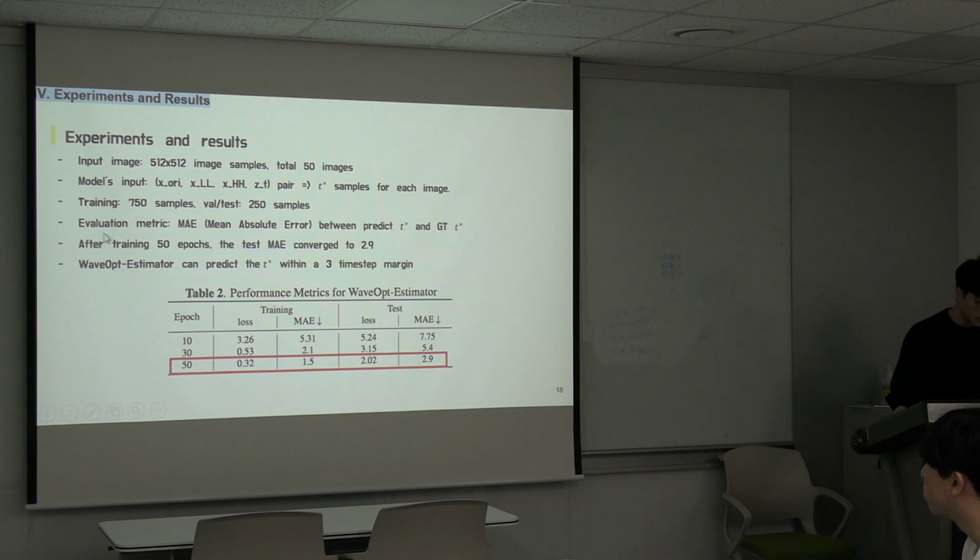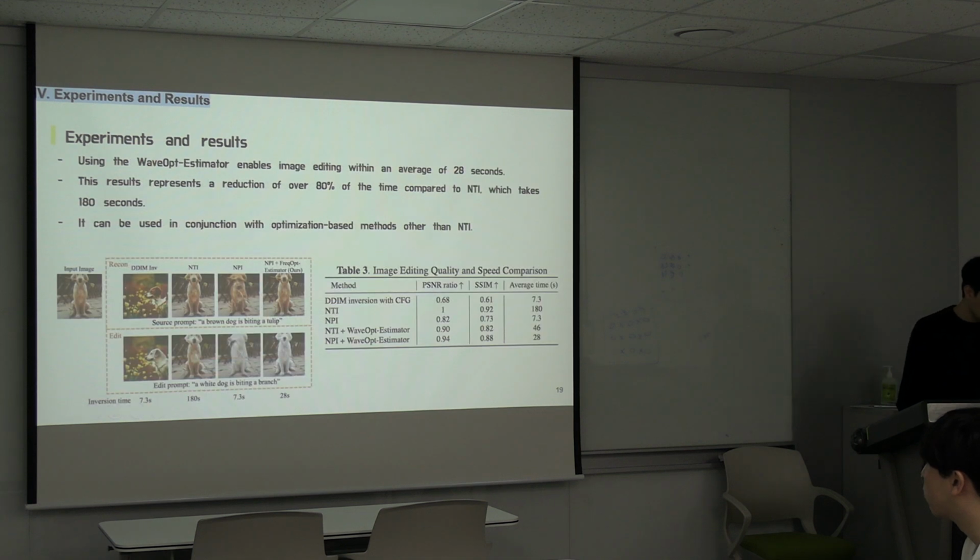And after training of each epoch, the test MAE converged to 2.9. So it means our model can predict the T star within a 3 time-step margin. So using the T star estimator enables image editing in an average of 28 seconds.